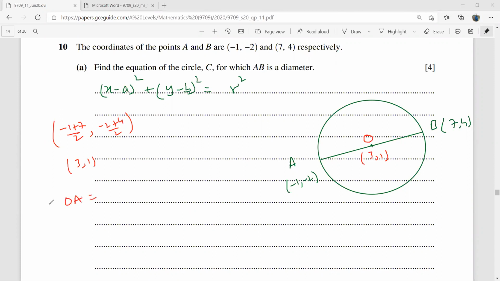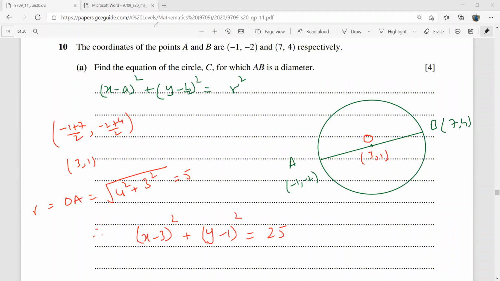That will be the radius. There is a square root of 3 plus 1 is 4 square, and then you have 3 square, so that is equal to 5. Therefore the required equation is going to be x minus 3 whole square plus y minus 1 whole square is equal to 25. That is the equation of the circle.